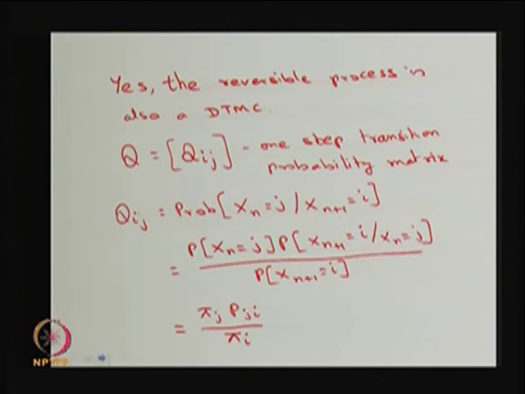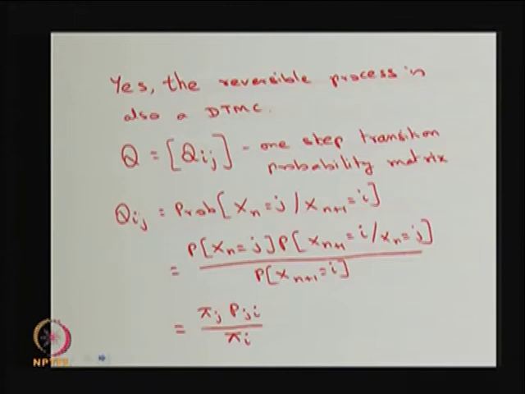That is different from the original DTMC. In the original DTMC, it is the probability that the system will be in state j at X_{n+1}, given that X_n was i, whereas here it is X_n equal to j, given that X_{n+1} is equal to i.